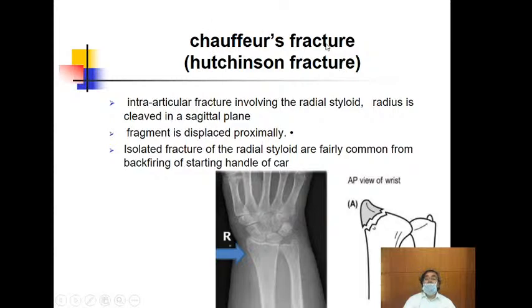And you should note that this is an intra-articular fracture. So whenever somebody says intra-articular, your ears should be pricked and your antenna should be awake, so that it should be fixed as far as possible. There should not be any deformity in the joint line, which will lead to secondary osteoarthritis.